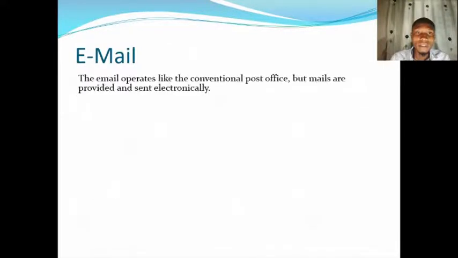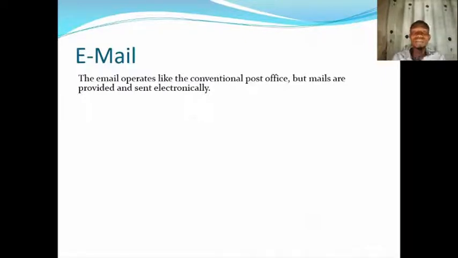Then next, the email. How to identify the email? First, we've talked about the email, that email is electronic mail. So the email operates like the conventional post office, but mails are provided and sent electronically. So in the case of email, the mails are sent electronically, not manually.